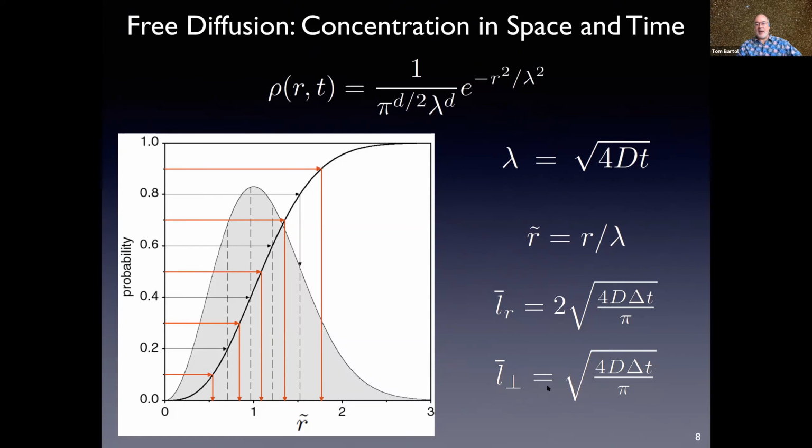This distance is just half of the radial distance. So instead of 2 times, it's just 1 times square root of 4D delta t over pi. Okay. And what I'm showing you here, these values correspond to 3-dimensional diffusion. I should have put up here in 3 dimensions. This is how things look if we put little 3 here for little d. Okay.